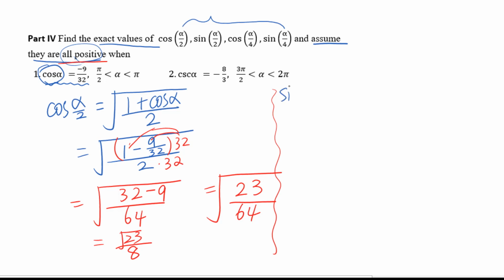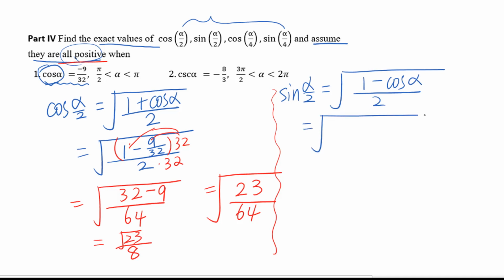For sine alpha over 2, you will get positive square root of 1 minus cosine alpha over 2, so that you will get 1 minus negative 9 over 32. So we change the sign here, then over 2.